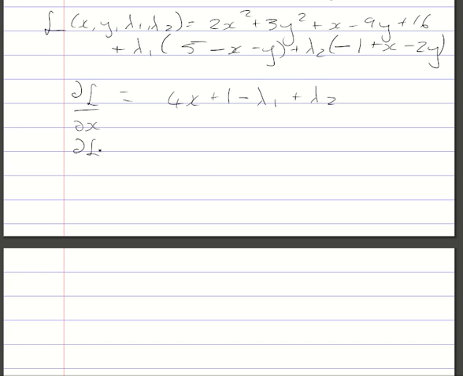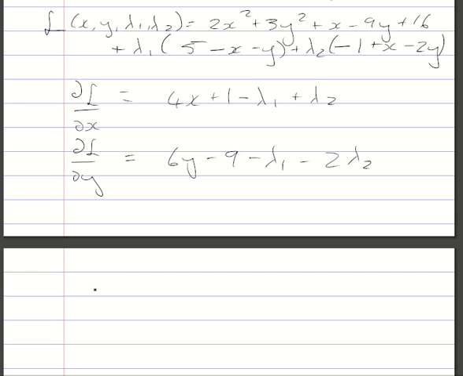And the partial derivative with respect to y is 6y minus 9 minus lambda 1 minus 2 lambda 2.